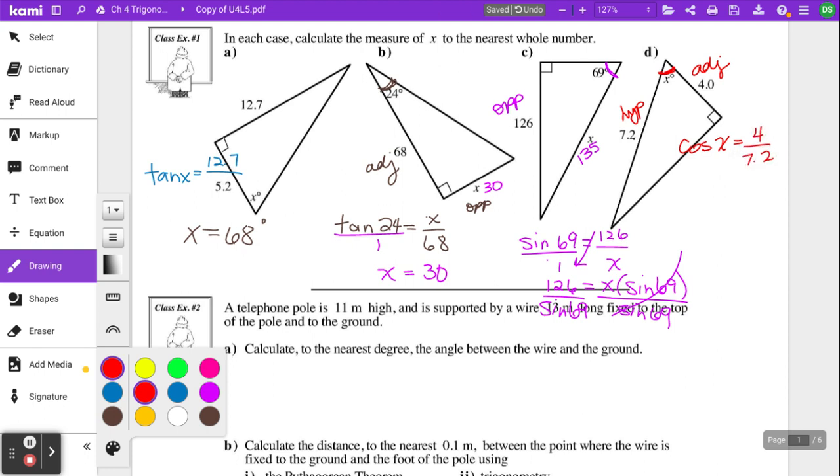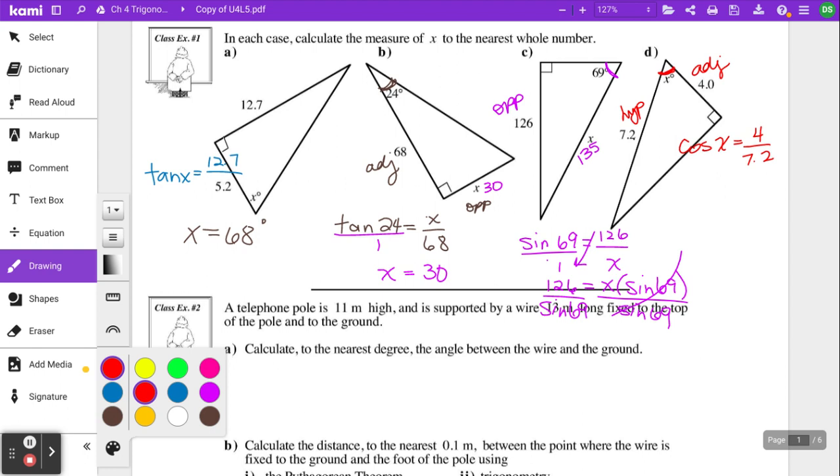Okay. What are you looking for? X. How do I do that cosine thing? Gordon, what do you do? Second function cosine. Yeah, get the inverse operation of cosine. So don't start cross multiplying right here. Think about what you're trying to do.